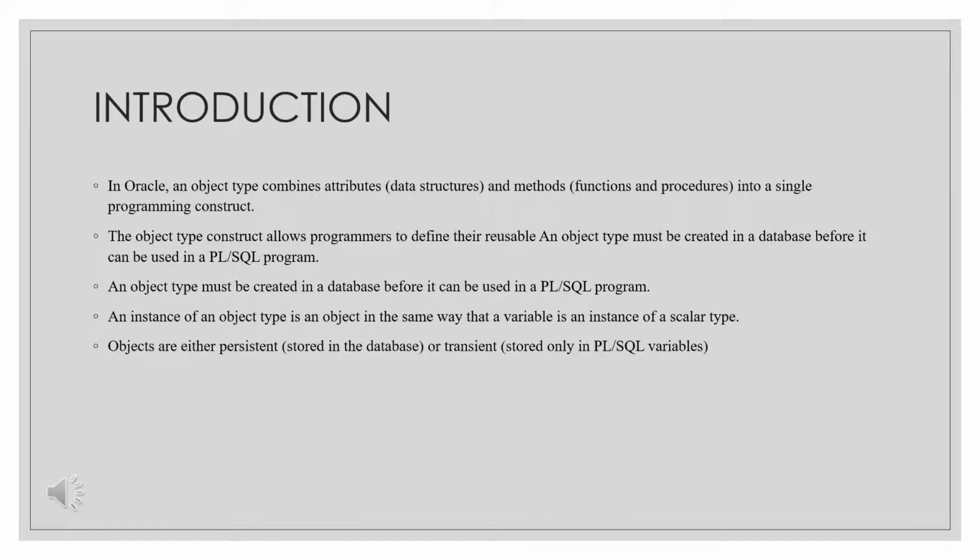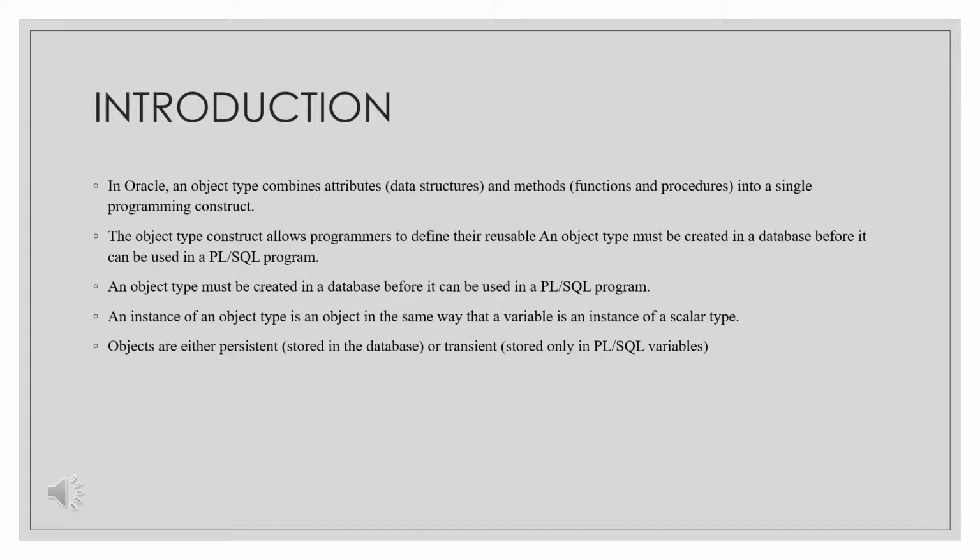It can use the methods and attributes of the object type. Objects are either persistent or transient. By persistent, it means objects are either stored in the database or stored in PL/SQL variables.